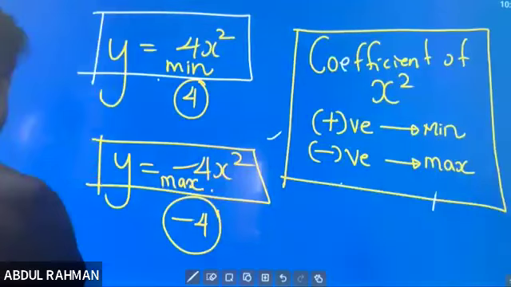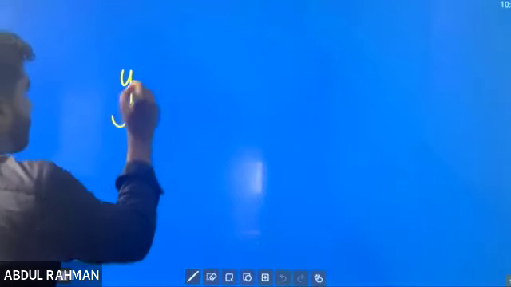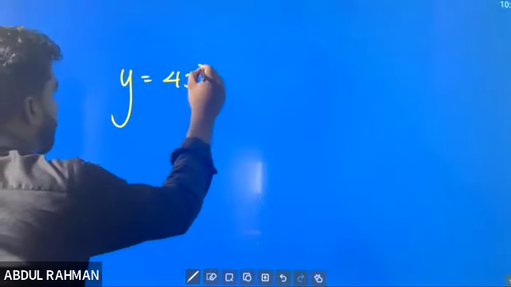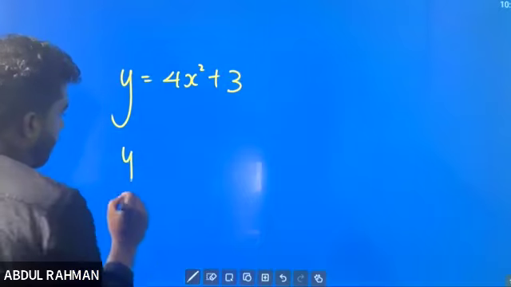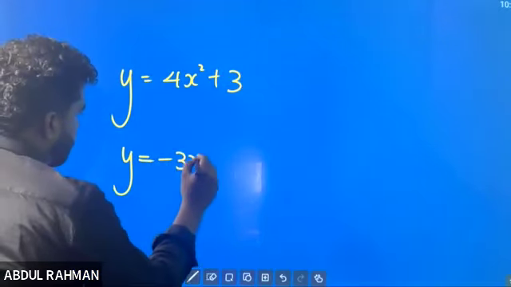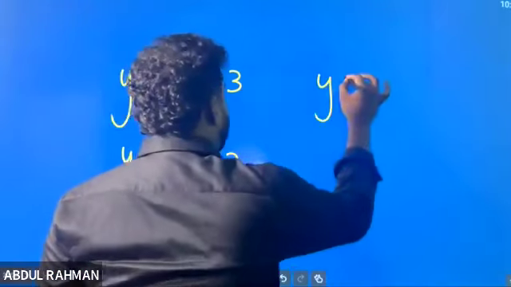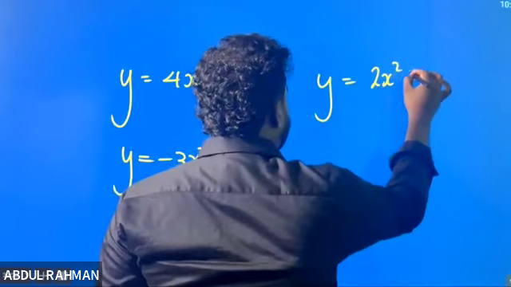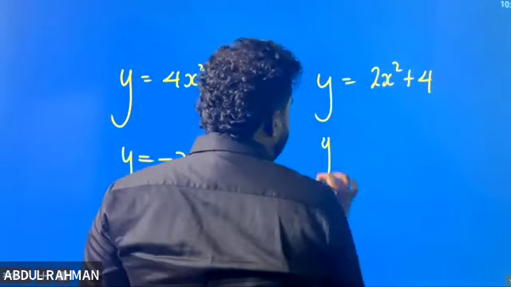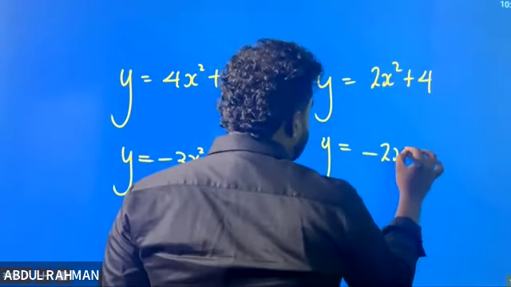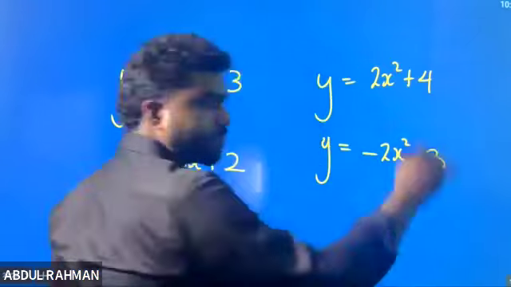Yes, all good. Now coming to another question. Y equal 4x squared plus 3. Y equal minus 3x squared plus 2. Y equal 2x squared plus 4. Y equal minus 2x squared minus 3.